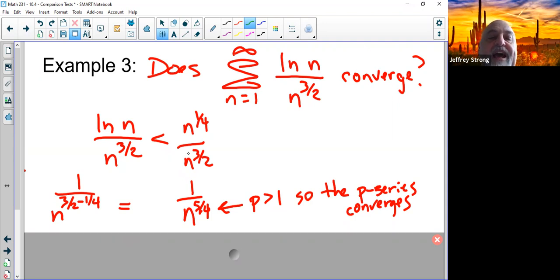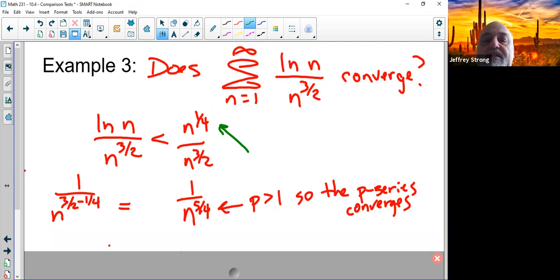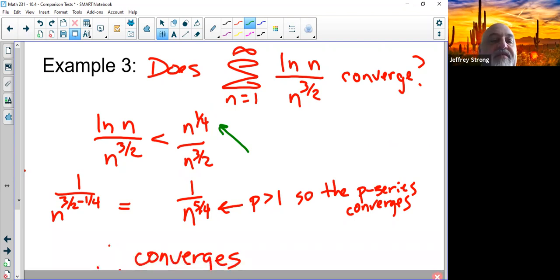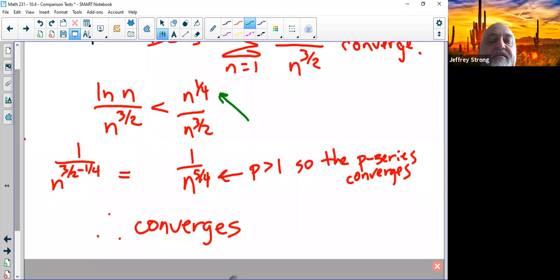So then I have 3/2 minus 1/4, which becomes 5/4. The reason I picked 1/4, I really could have picked anything. It would have ended up giving me a number that's bigger than 1. So that means it's a converging p-series, so it converges.